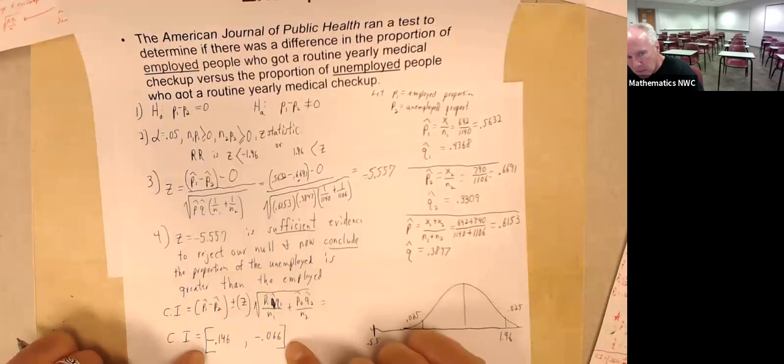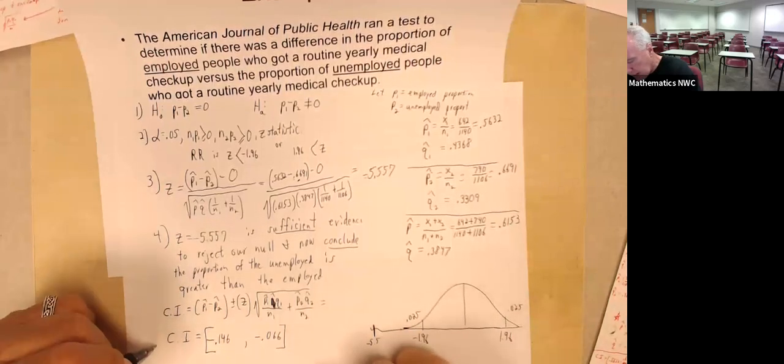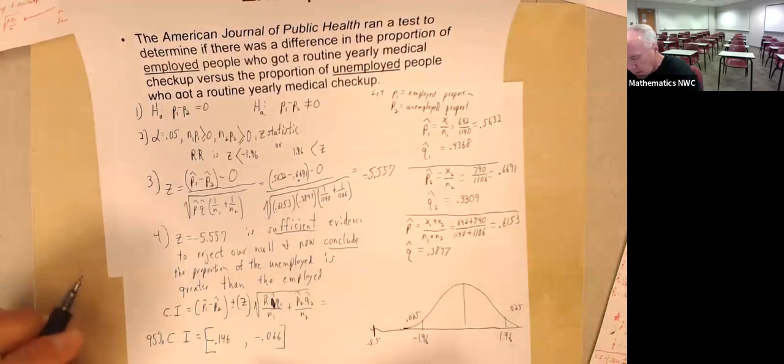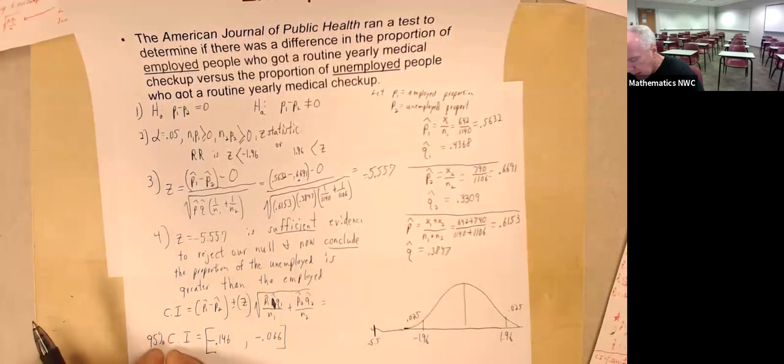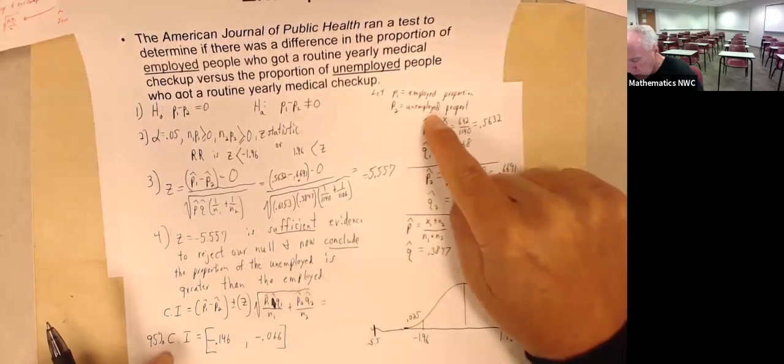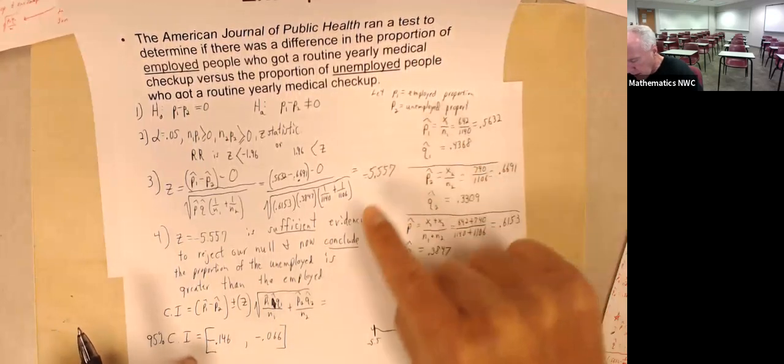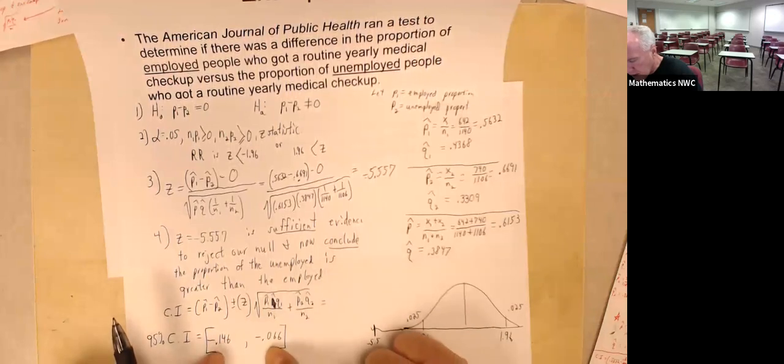What does that interval mean? Well, it was a 95% confidence interval. It means I am 95% sure that the second proportion, the unemployed, is greater than the first, because this is an entirely negative interval.